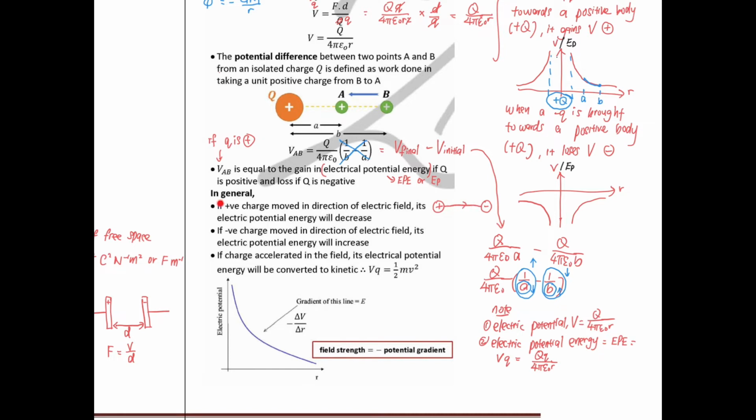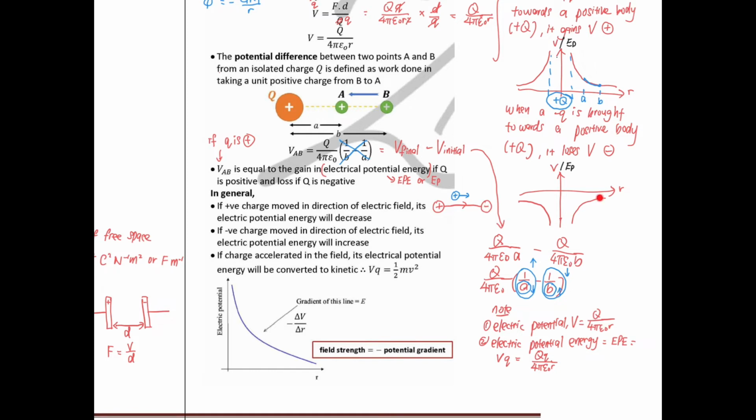Now let's say I have another positive charge, and I put a different color. If this other positive charge moves in the direction of electric field, which means it moves to the negative charge, then logically you should think which graph this is, because it is positive to negative, which attract.